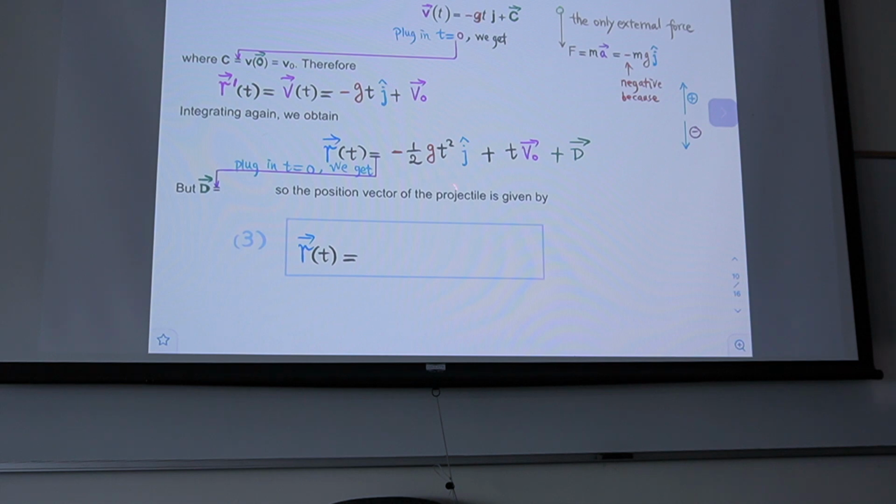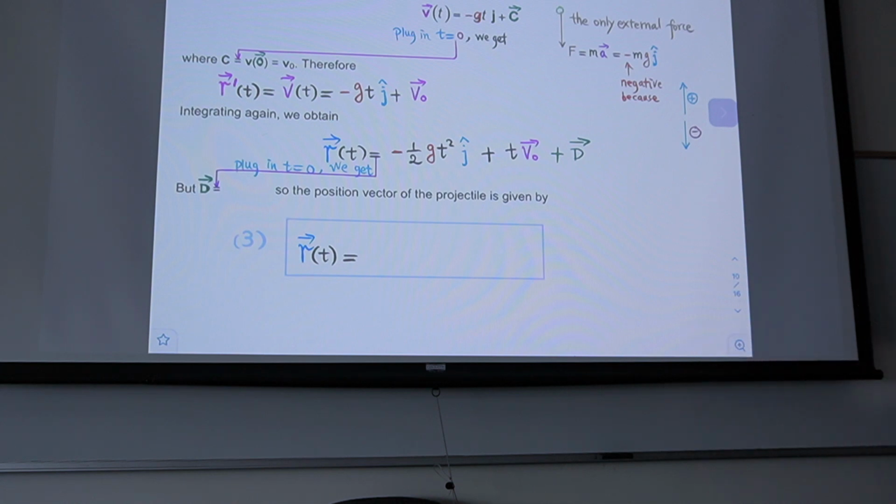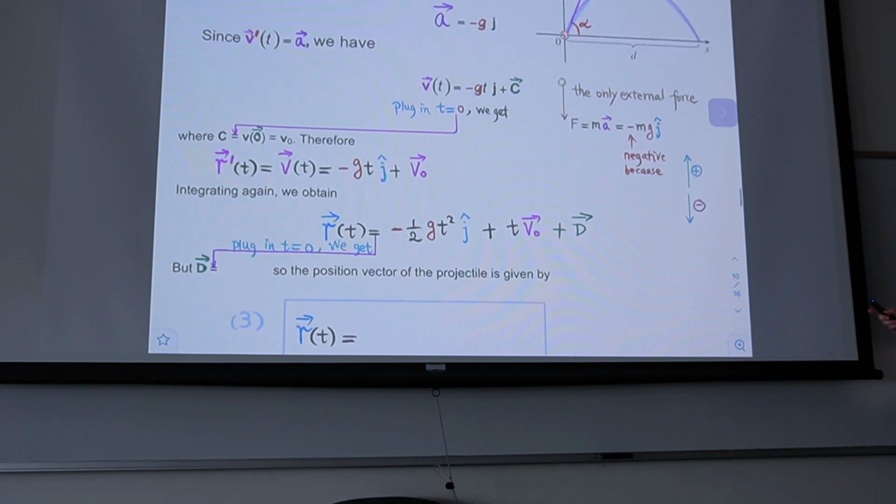Now we're going to plug in t equal to 0, and we try to figure out the d. What does d correspond to? r of 0, that's the initial position vector. So in this case, what is the initial position vector?